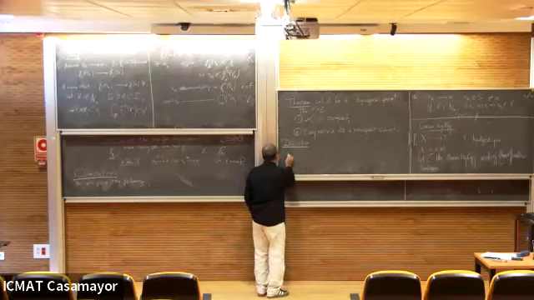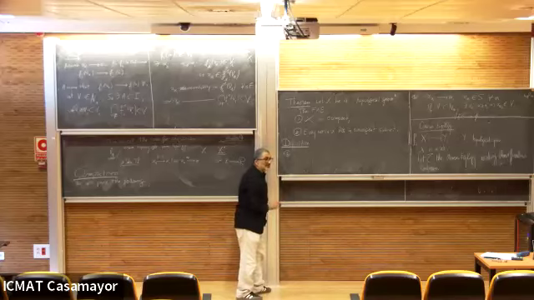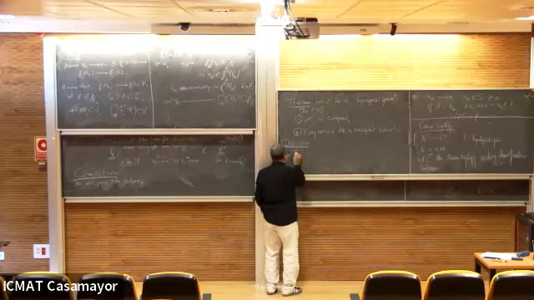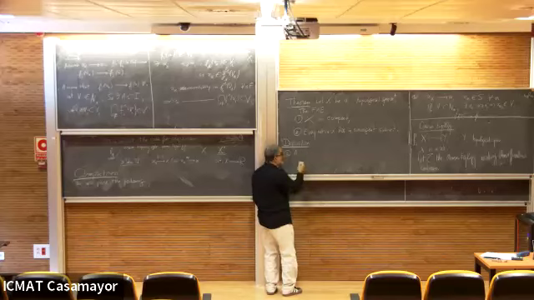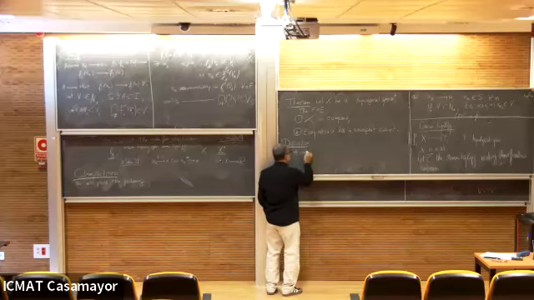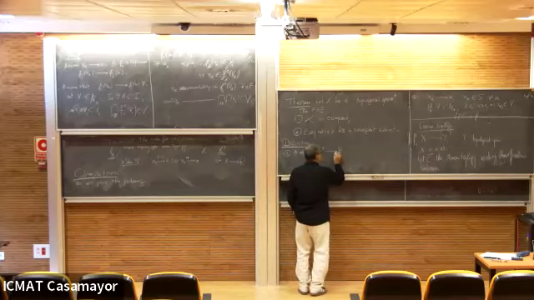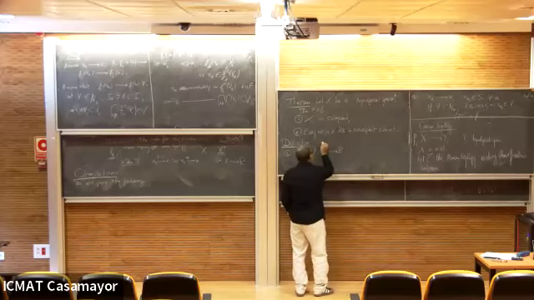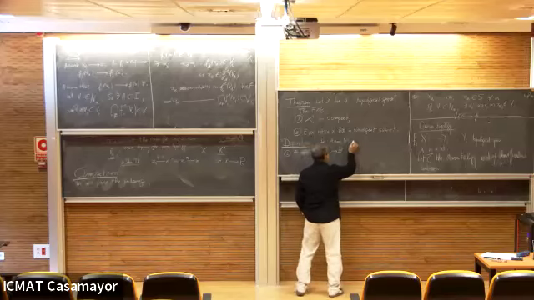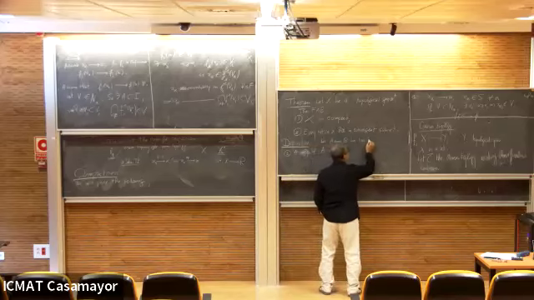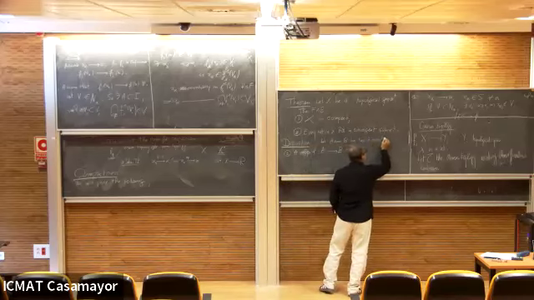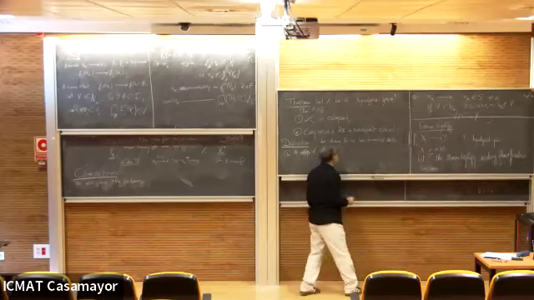So first I define what a cofinal map is. Let A and B be two directed sets.